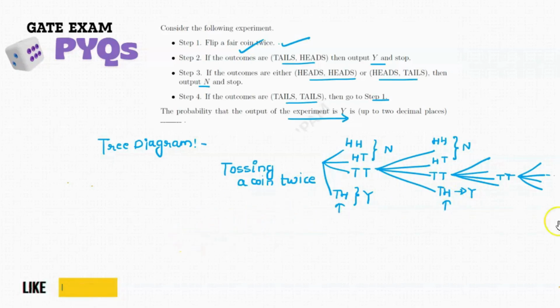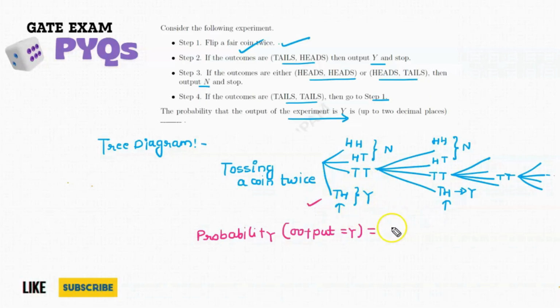So I will write down the required probability that the output of the experiment is Y. In the first trial, the probability is just 1 by 4 for each of the outcomes, correct? Or in the second case, if we get tail tail, we will again flip the coin.